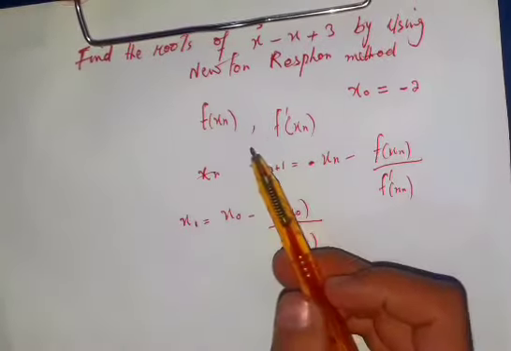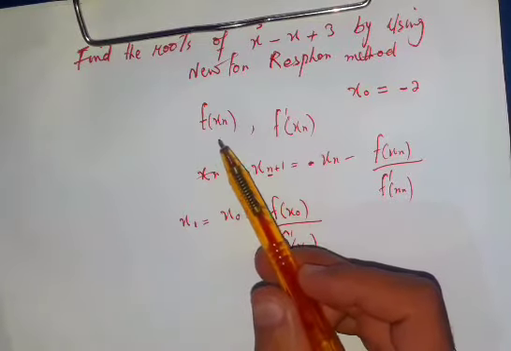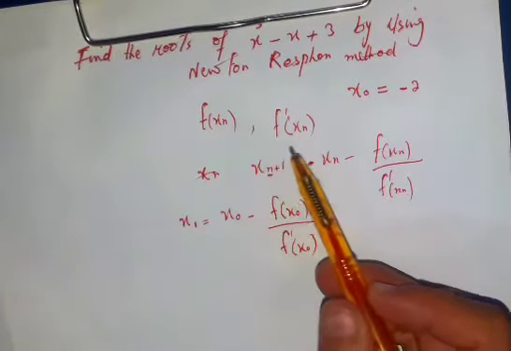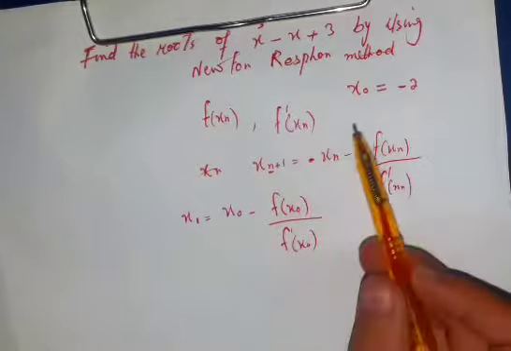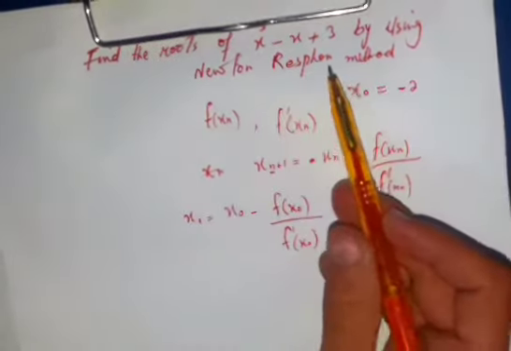So how can we find the value of x naught, f of x naught, and f derivative of x naught? Simply, we can put the value of x naught into this function.